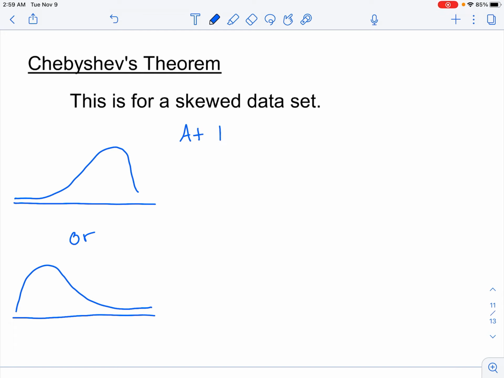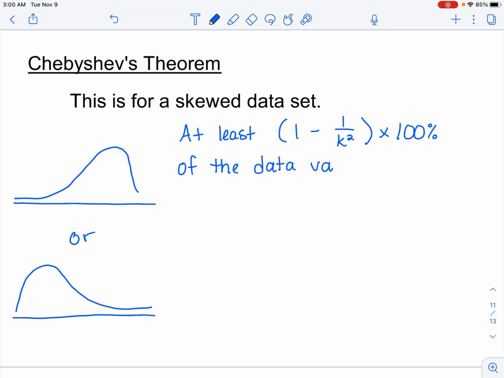So the theorem states that at least, and then there's a formula, 1 minus 1 over k squared times 100% of the data values lie within k standard deviations of the mean, which again is x bar. And don't worry about that formula, you will not have to memorize it.